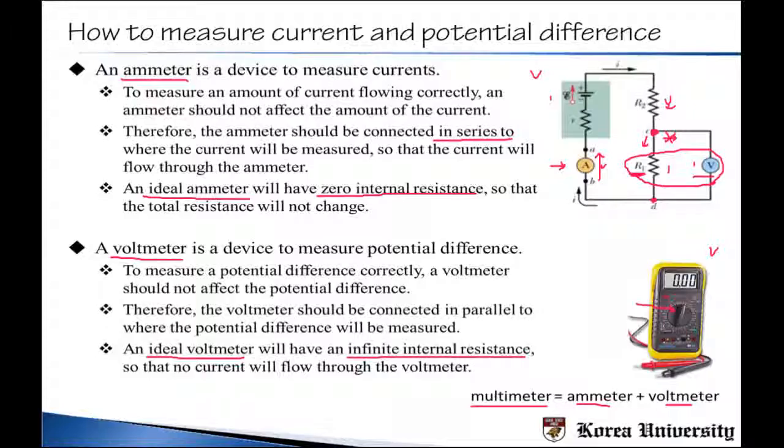Depending on what you want to measure, you have to understand how you would connect this device to the circuit. If you're going to use it as an ammeter, remember you are connecting it in series. If you're going to measure the voltage or potential difference, then you have to connect it in parallel. Okay. And if this device knows how to measure ampere and voltage, then it can effectively measure the resistance. That is why it is called the multimeter, measuring many things. Okay.